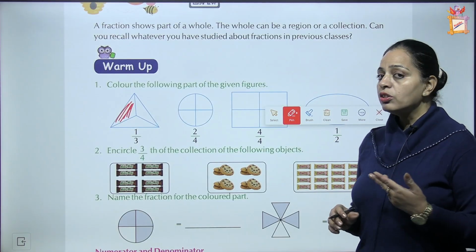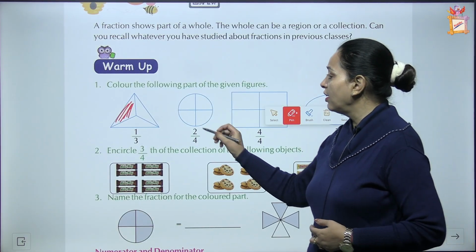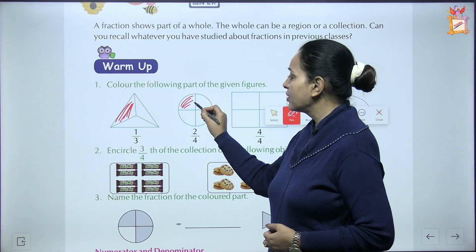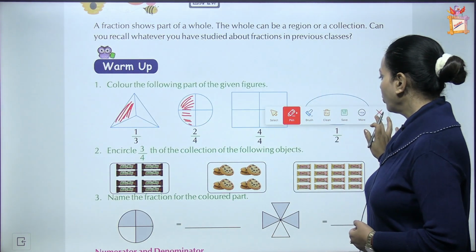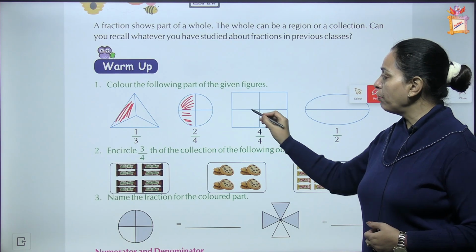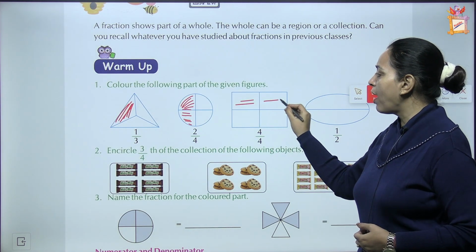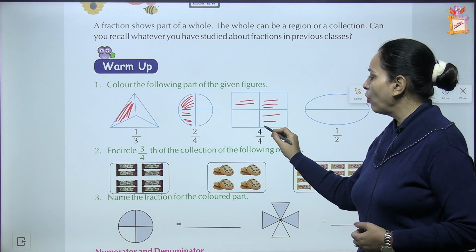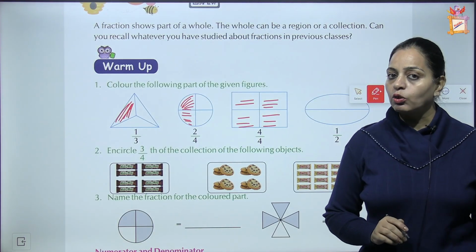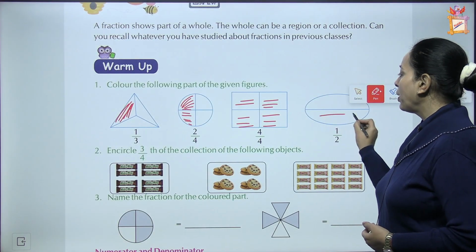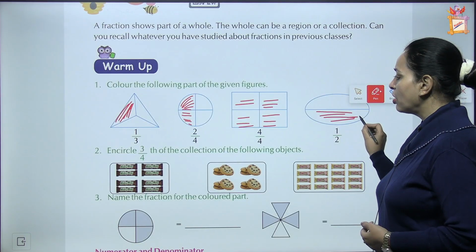Out of 4, you can color any 2 parts. Then 4/4 means color all the 4 parts. Then 1/2 means out of 2, color any one part. So I hope this is very much clear to you.